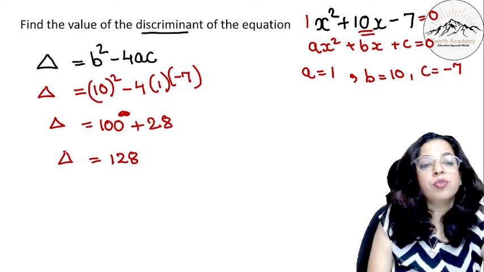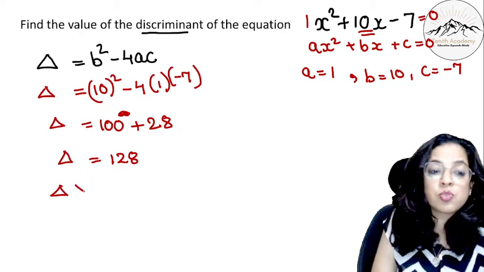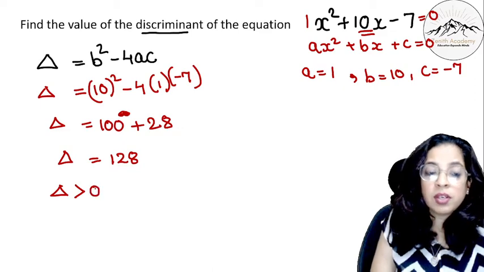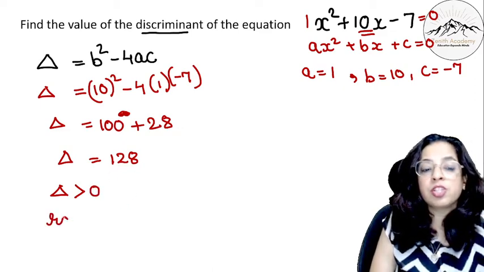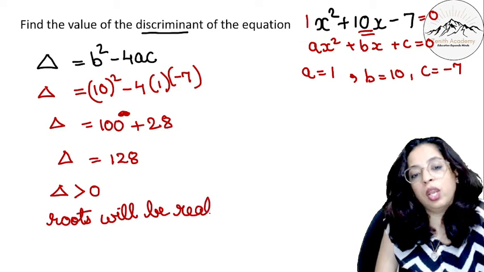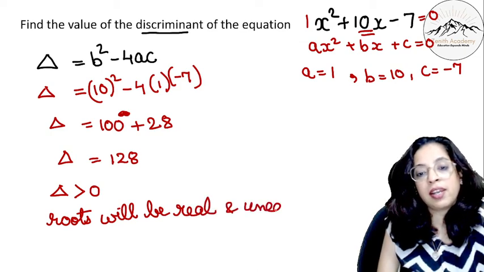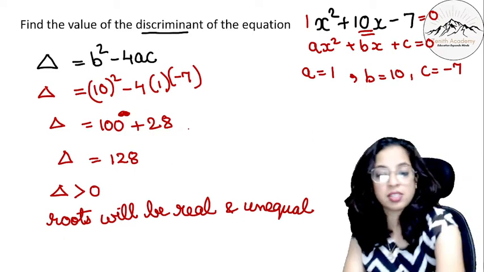And if they tell you to find the nature of the roots, since the discriminant is more than 0, it is positive, therefore the roots will be real and unequal. Okay, right now this is not asked, but only the value of discriminant is asked.